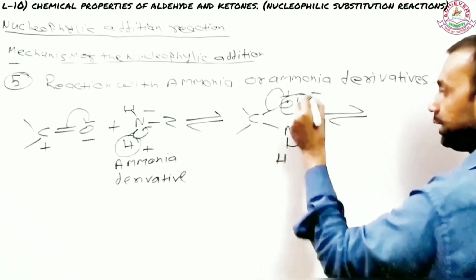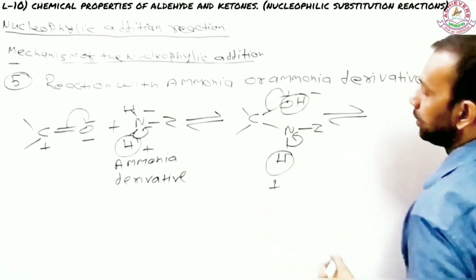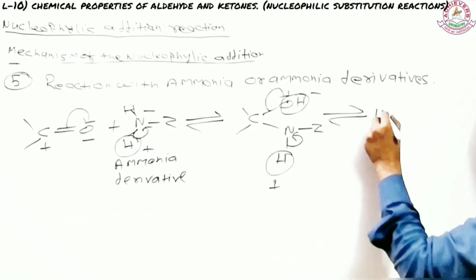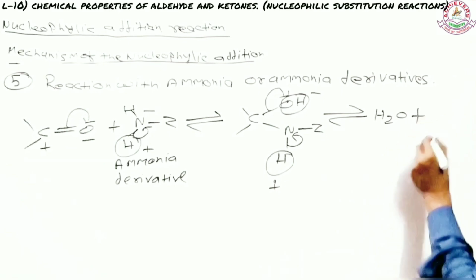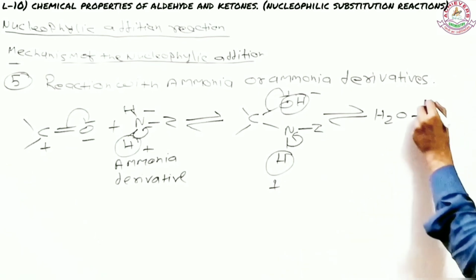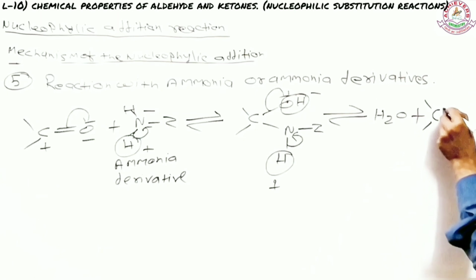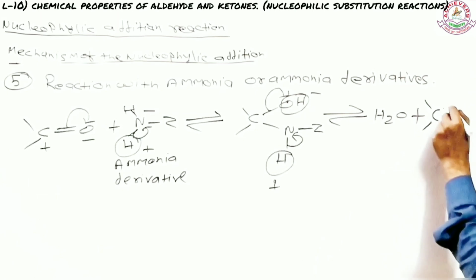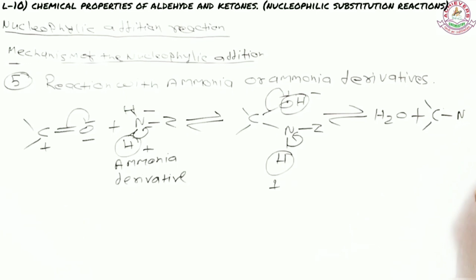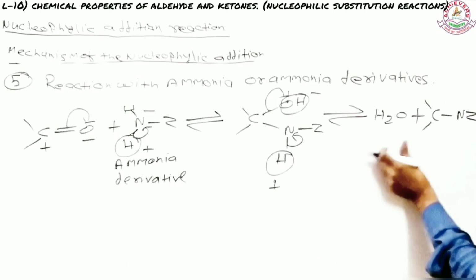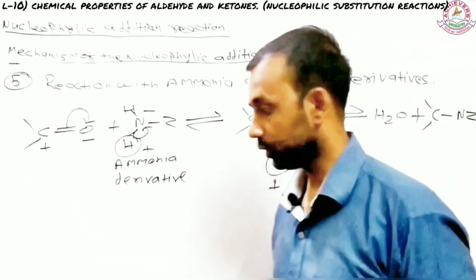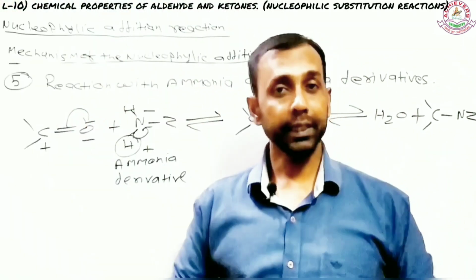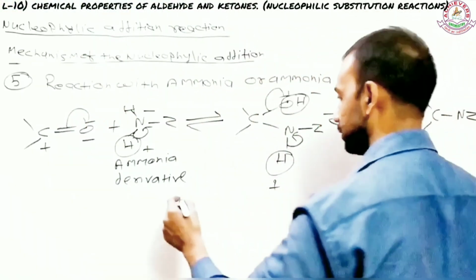So this will come out as a negative, and the hydrogen will come out as a positive, right? So both of these combine and form H2O, and apart from that, you get another product, C=N-Z. So this is the addition product you get when you react aldehyde or ketones with ammonia or ammonia derivatives.